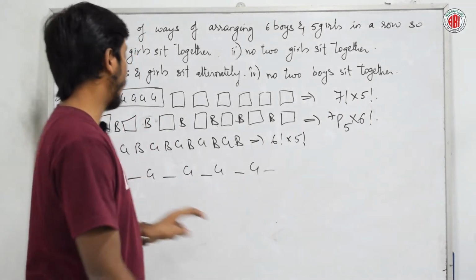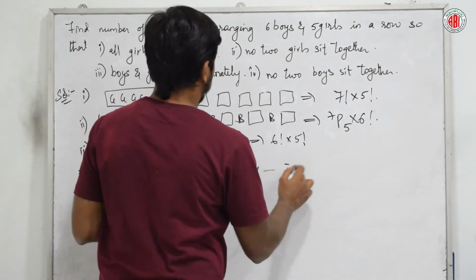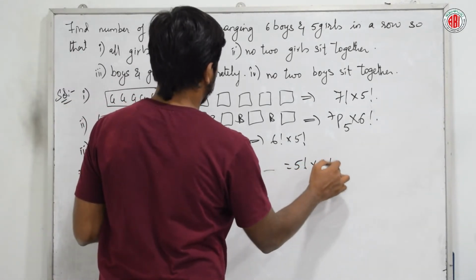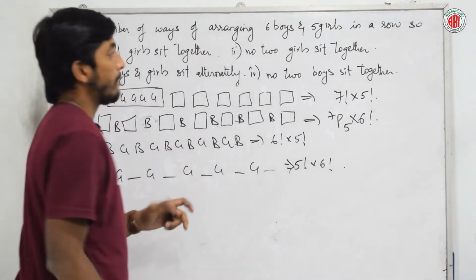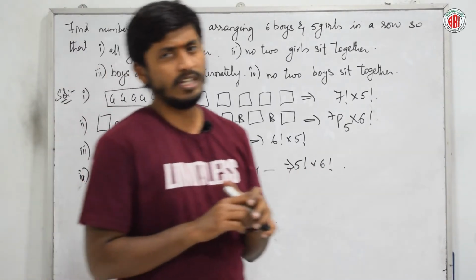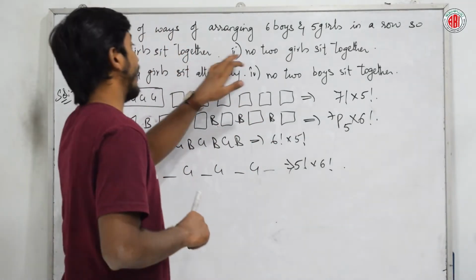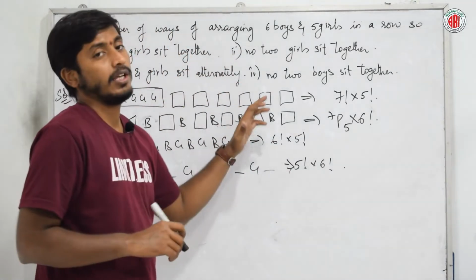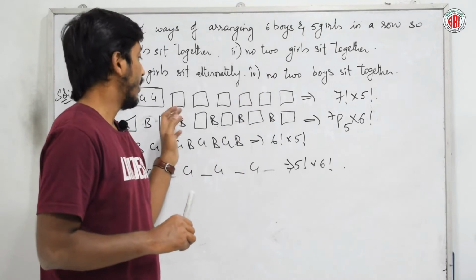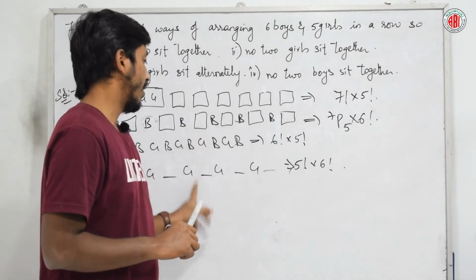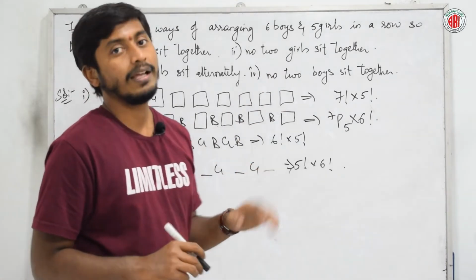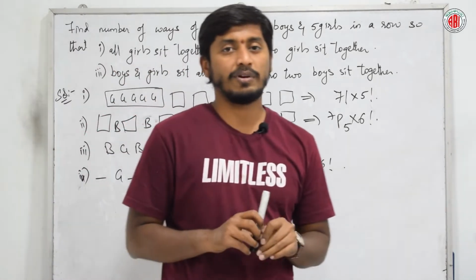So the arrangement will be 5 factorial times 6P6, that is 6 factorial. Is it clear? The main theme here is to understand the question and arrange in such a way that nothing is side by side. Shall we go on to the next problem?